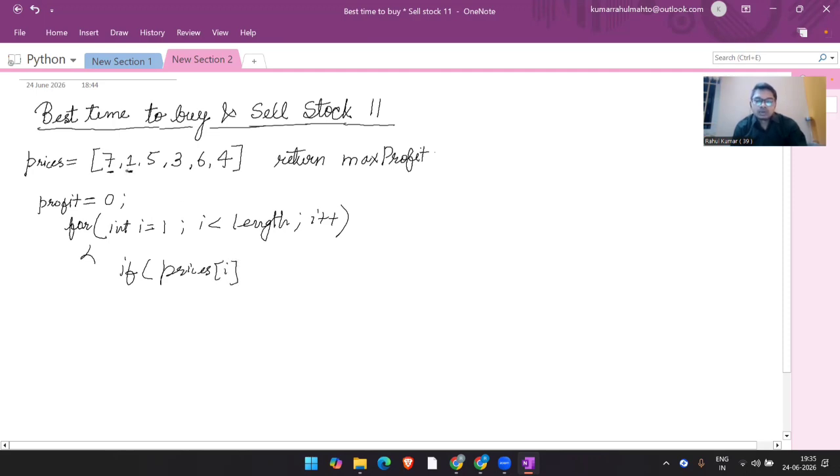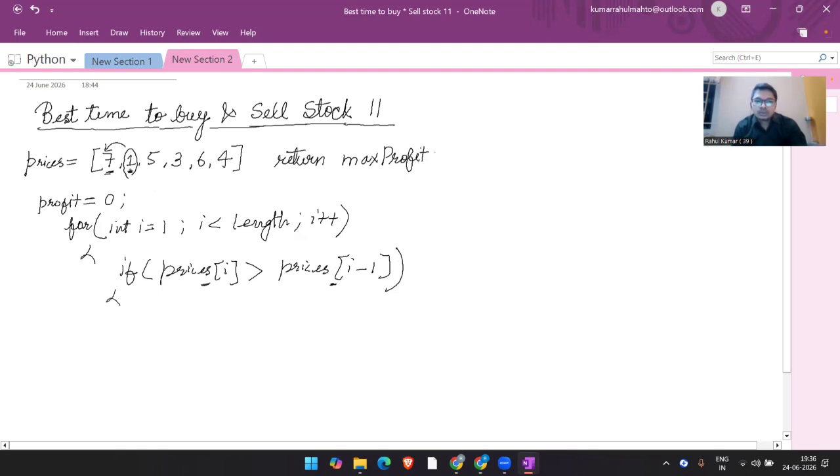If my current stock price is greater than my bought price, whatever price I bought at, that is, the previous price, prices of i minus 1. So this one represents this particular number and this one represents the previous one.